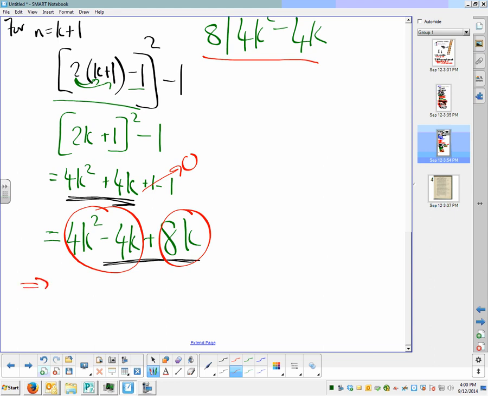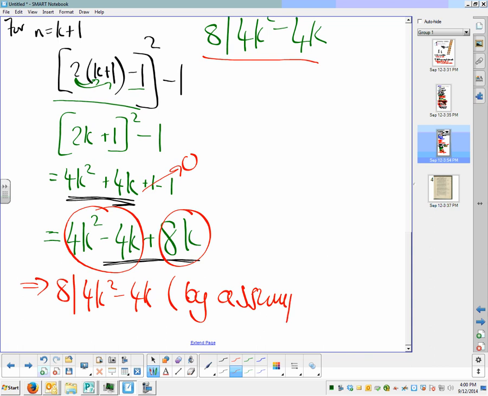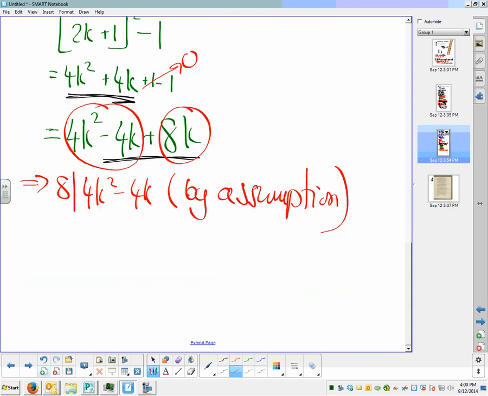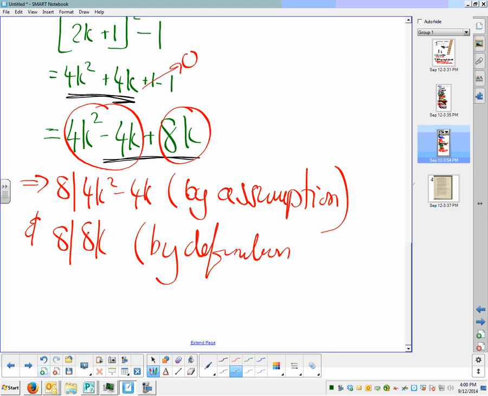So that means since 8 goes into 4k squared minus 4k, by assumption, and 8 goes into 8k, by definition, k's got to be a whole number, right? k can't be a decimal.